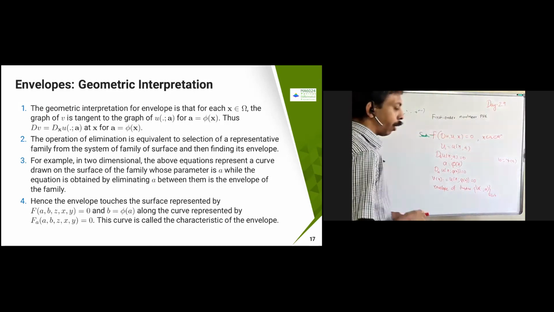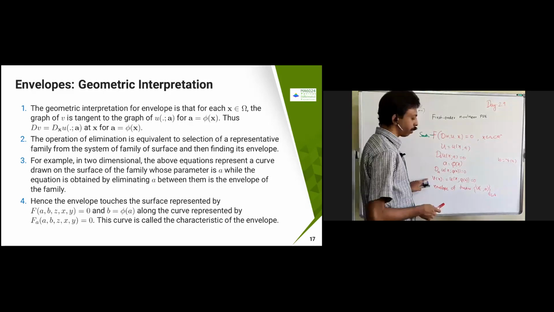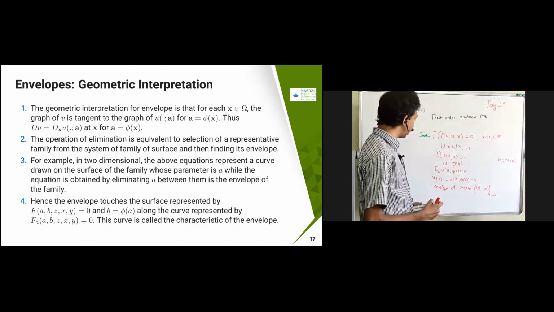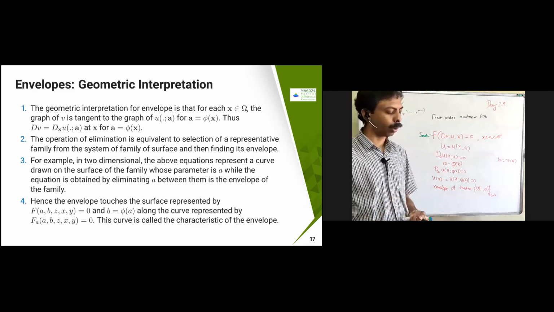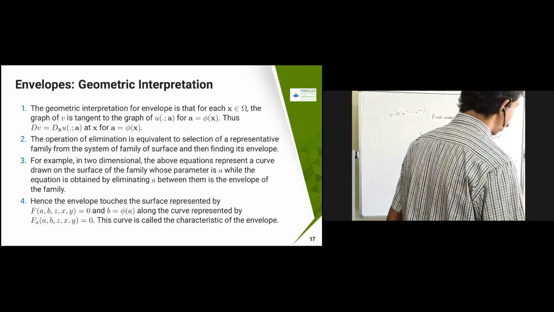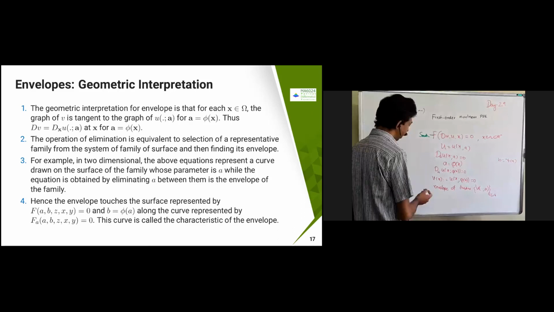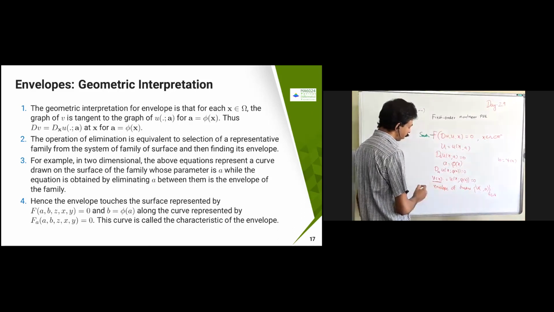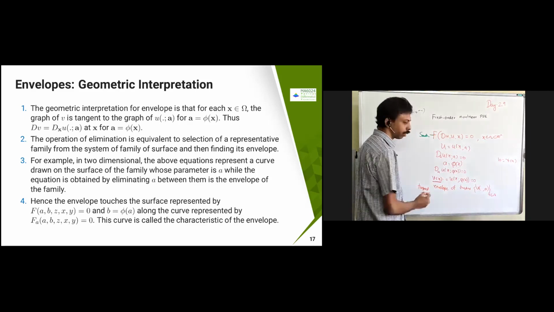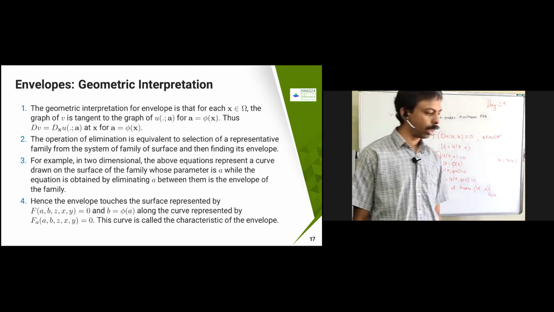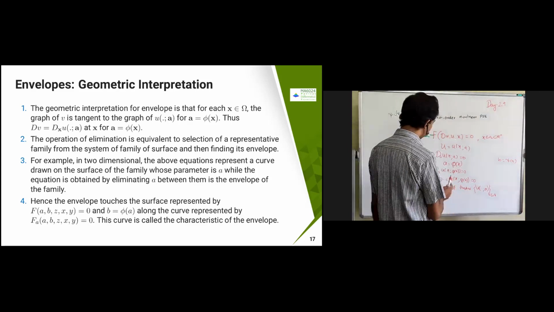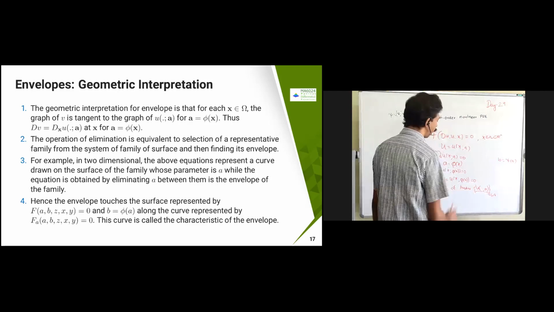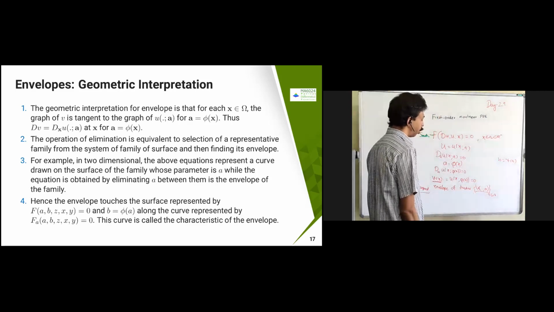Therefore, if I find dv of x, that is going to be d_x of u of x comma pi of x. So this v of x is going to be tangent to the graph u of x semicolon a.